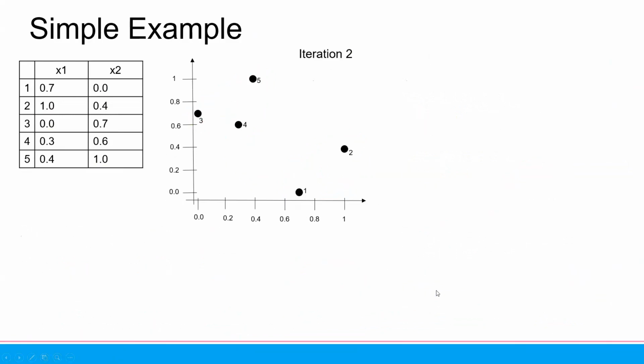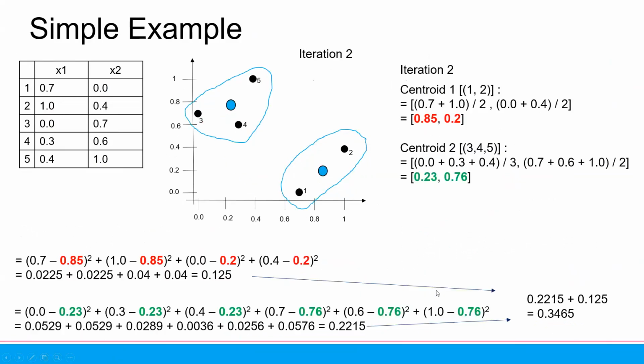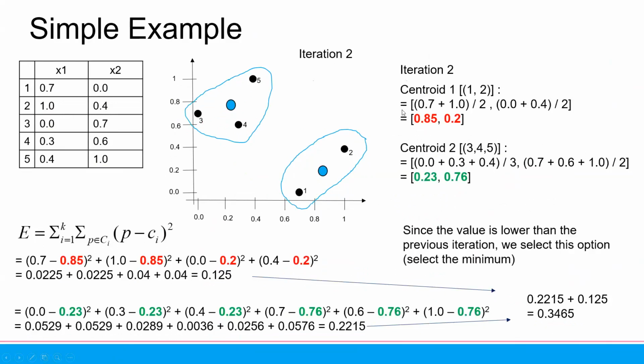So which one is lower? Iteration 2 is lower. So we can say that this option is better. We can choose this option for the clustering because it shows the least error. This is the smallest error.